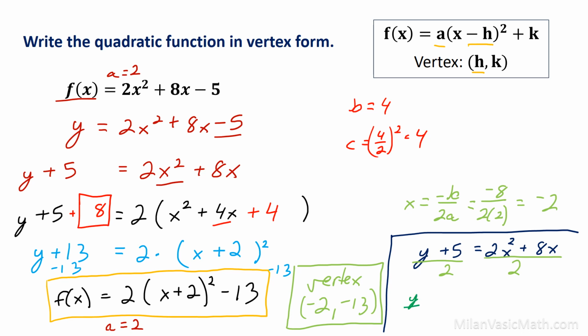You would just have a fraction to work with on the left side. The right side, though, would have been easier to complete the square. All right, if you complete this process, you're going to end up with f of x divided by 2. Then you multiply everything, and you'll get the same final answer. Try it out if you want.